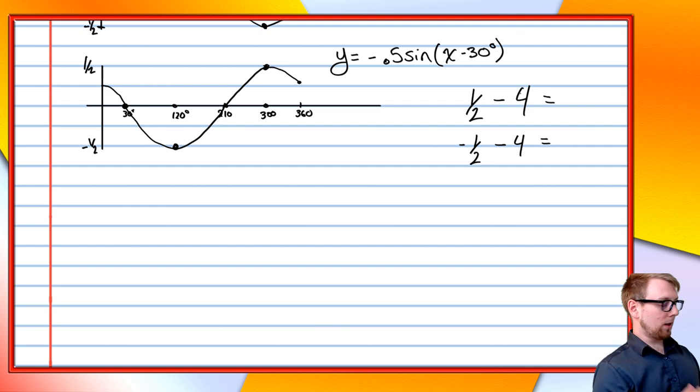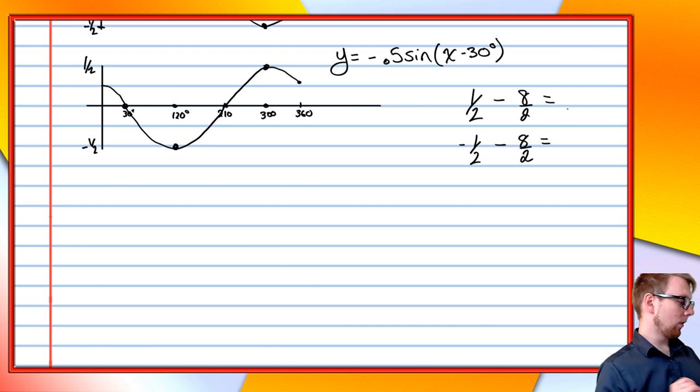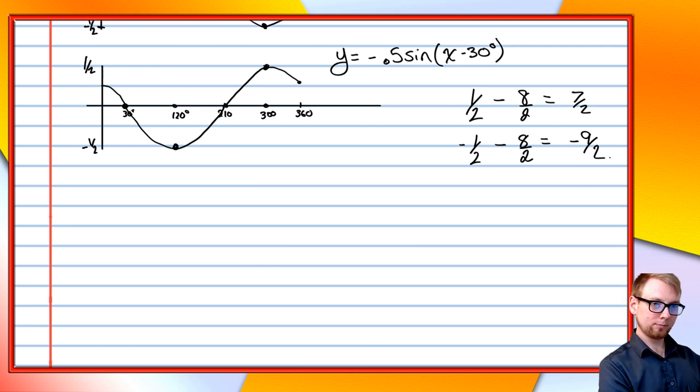Four is the same as 8/2. So 1/2 minus 8/2 is -7/2, and this is minus 9/2. Yep. Perfect.